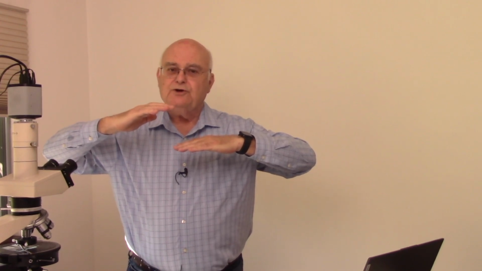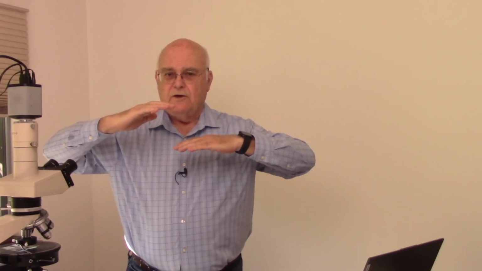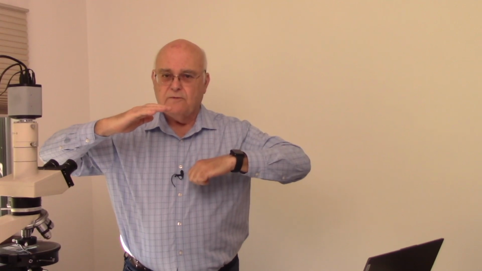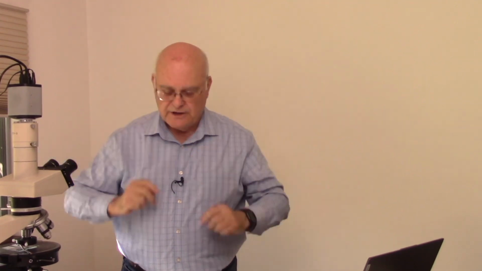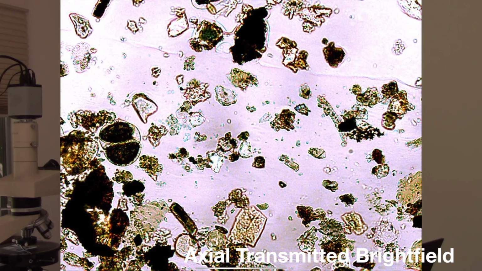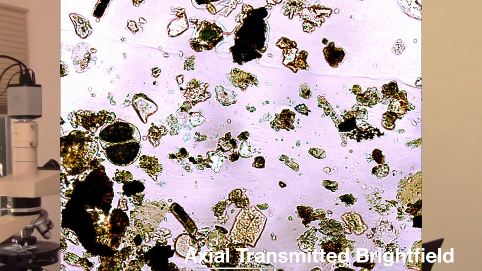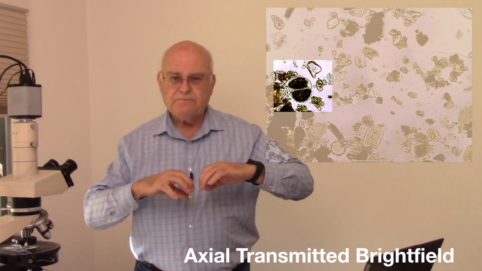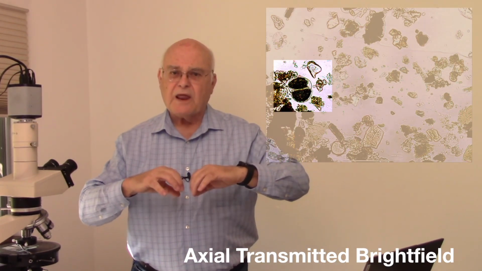In other words, if we have particles at slightly different levels, both of them will appear to be in focus. If we reduce our depth of field, one will become blurry while the other stays sharp, and we'll see that here in a moment. Now let's take a look at that field that we looked at initially with reflected dark field. Now our pine pollen vesicles are black.